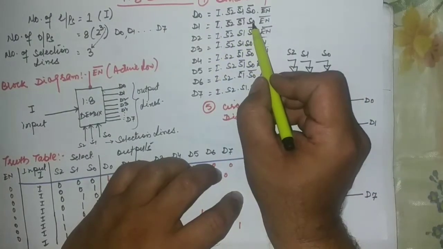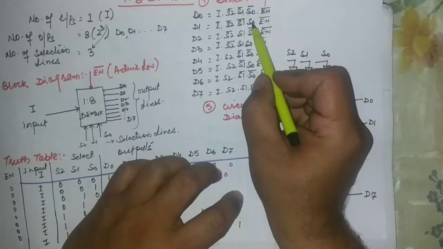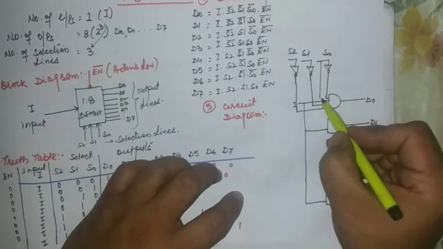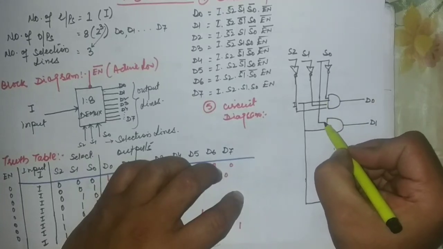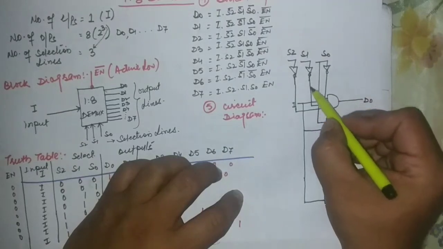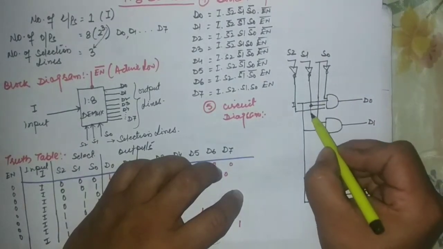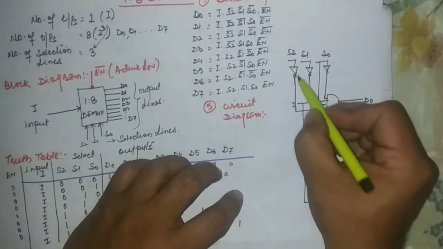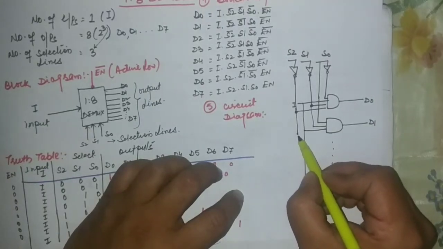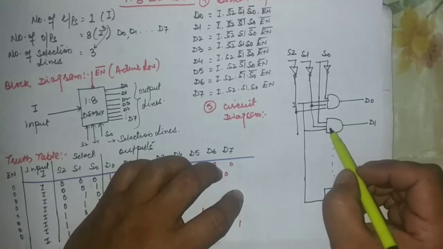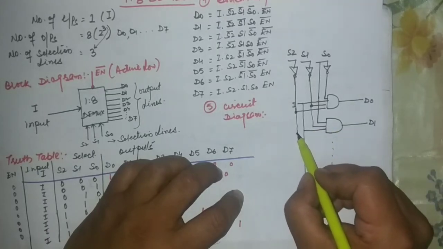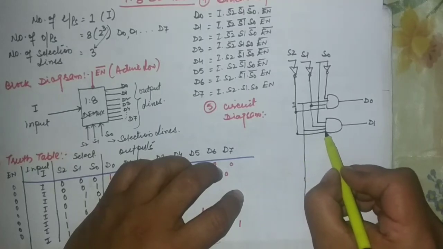Now this is for D node. For D1, only S node as such, and S1 and S2 in complement form. This is complement. So this is one. This is also complement, and draw like this.